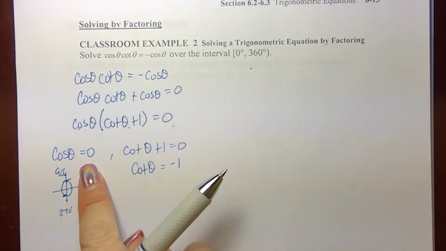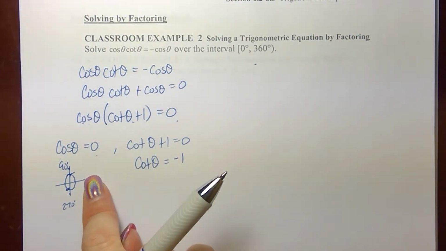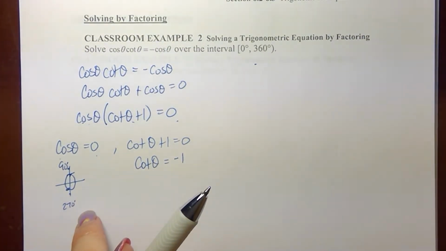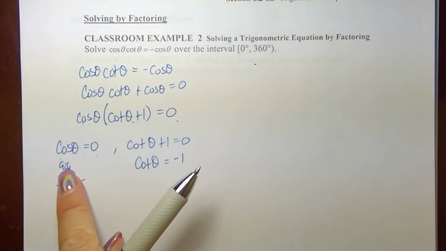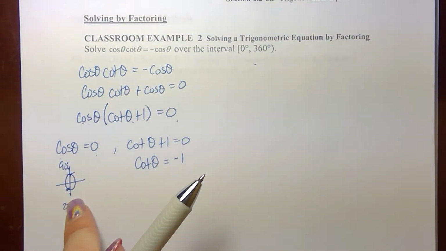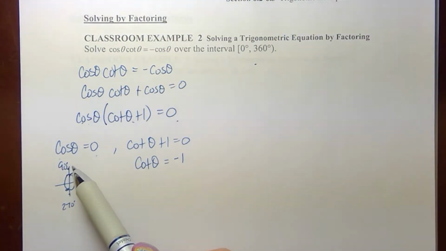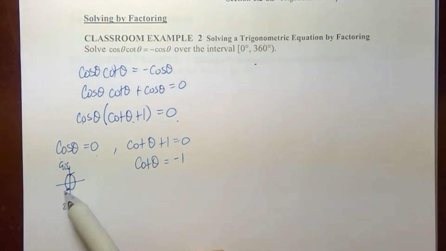Now, cosine is periodic over 2 pi, but this is kind of a special case because we're on the quadrantals. So I could do 90 plus 360 and 270 plus 360, but since they're quadrantal angles, I can just say 90 plus 180n, and that's going to get every possible rotation in either direction.